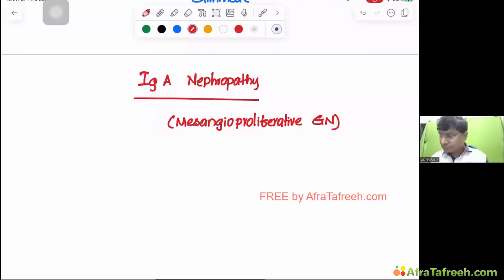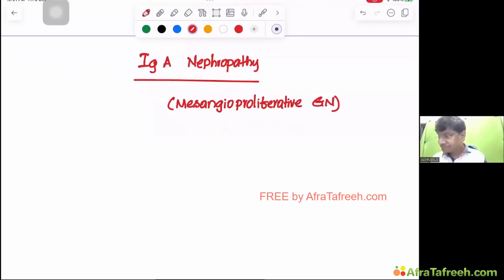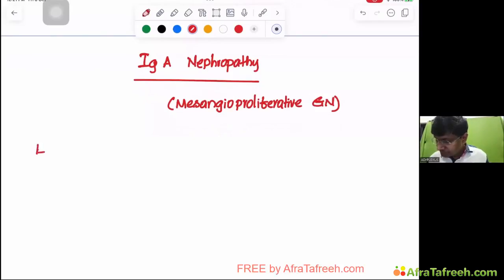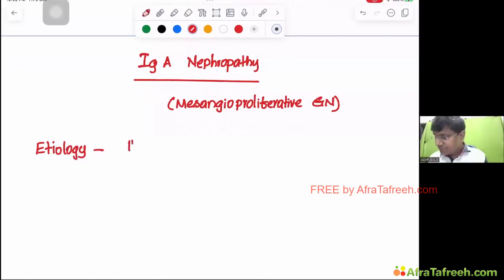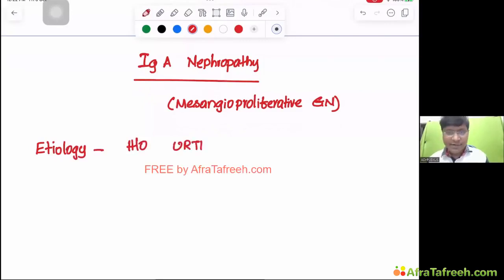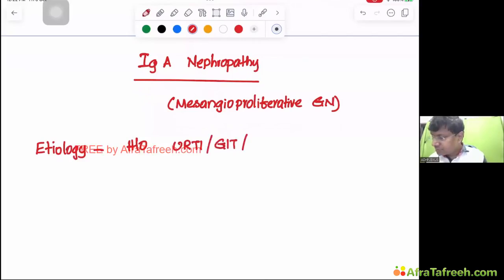Sorry. So if you take the etiology of IgA nephropathy, the individual will give you a history of upper respiratory tract infection or gastrointestinal tract infection or urinary tract infection.